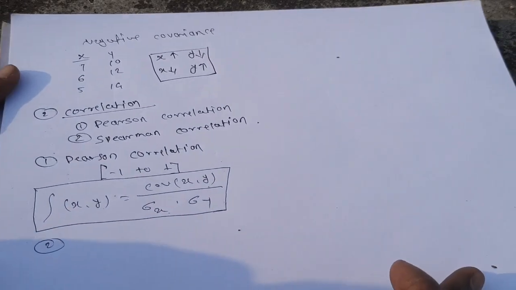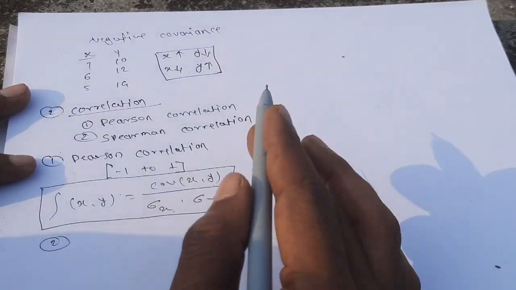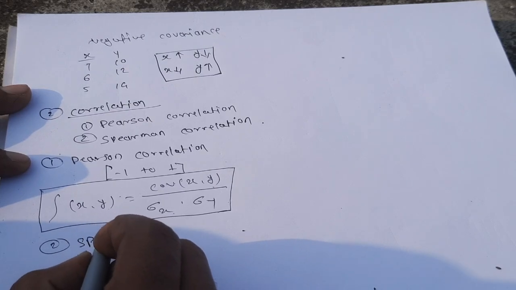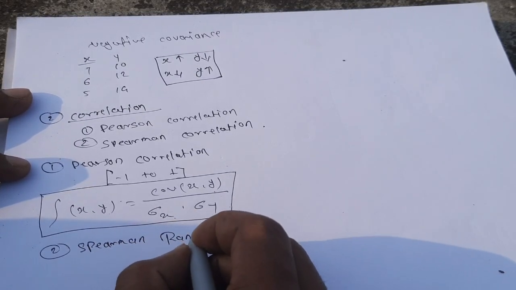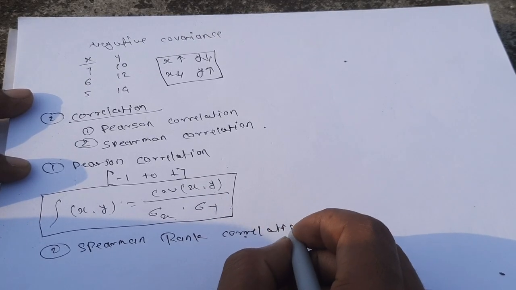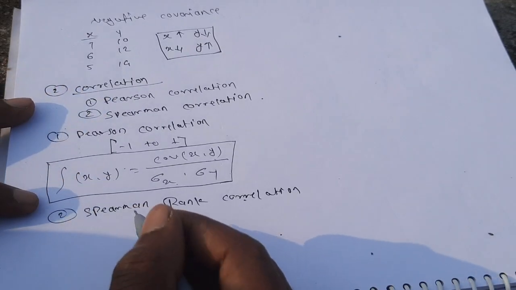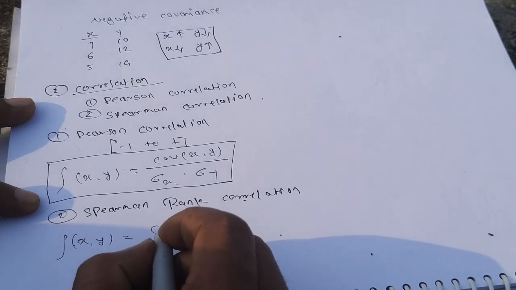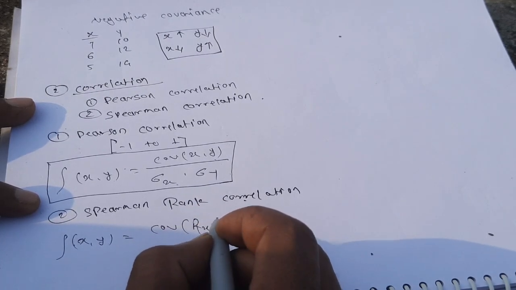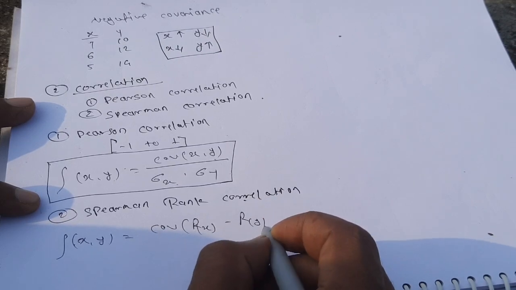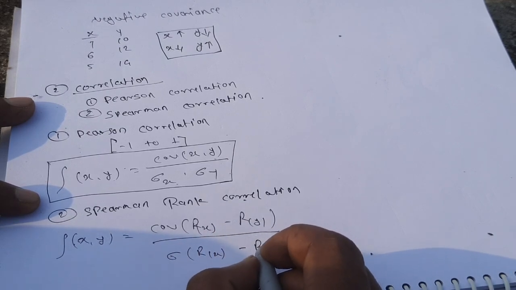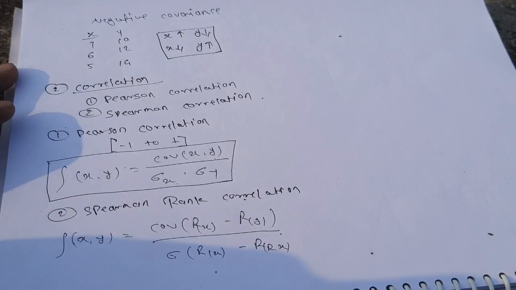Let me show the Spearman rank correlation formula: the correlation of x and y is the covariance of the rank of x and the rank of y, divided by the standard deviation of rank x times rank y. This is the formula of Spearman rank correlation.